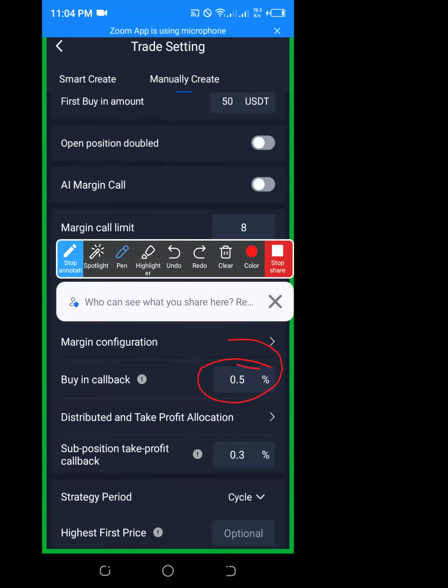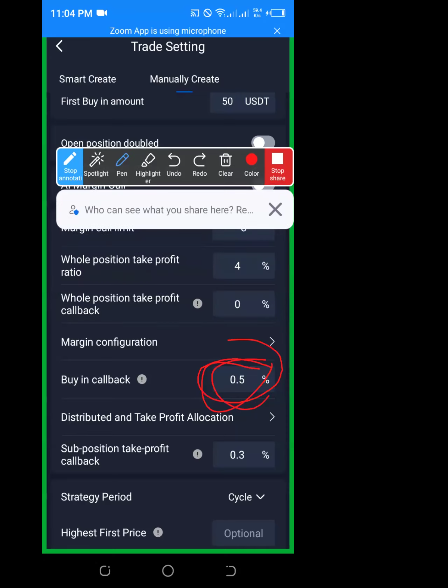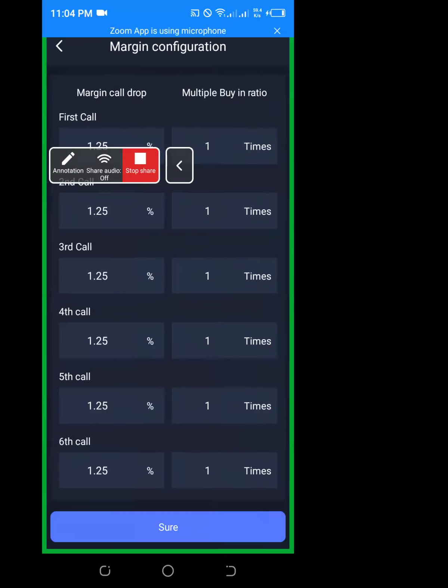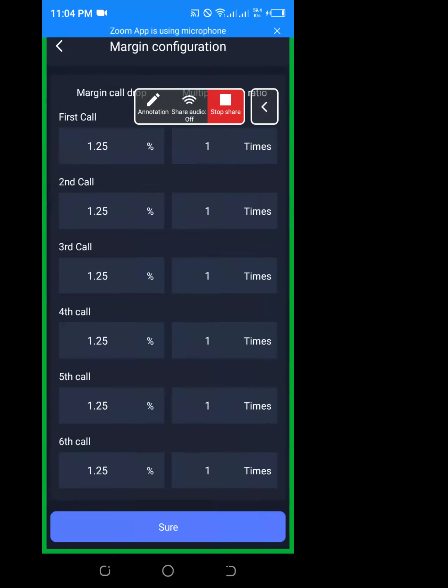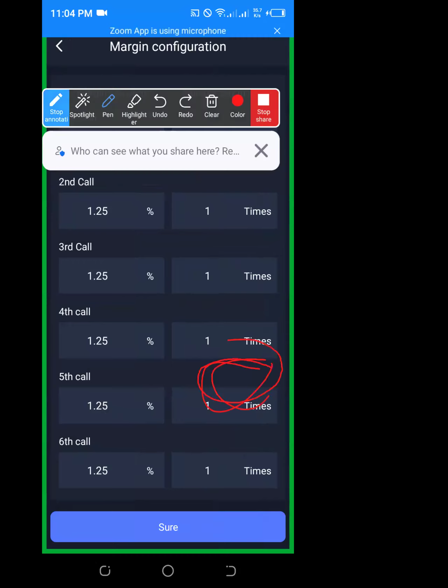So this one is added to the margin call drops of 1.25% on each and every margin call. Don't forget that these are negatives.